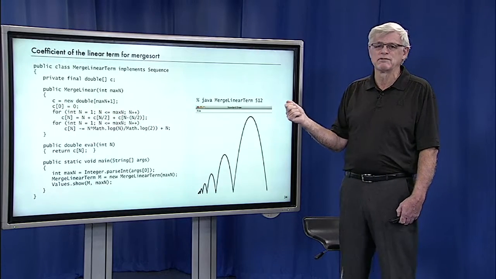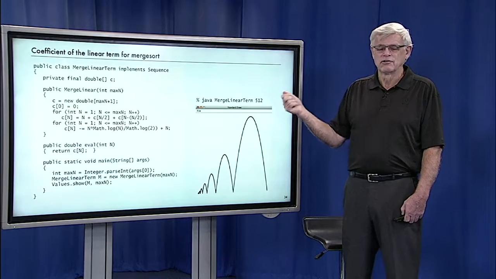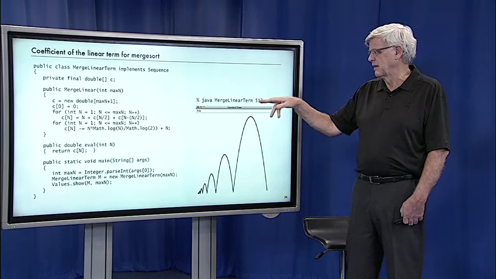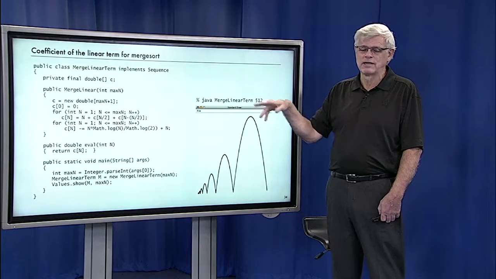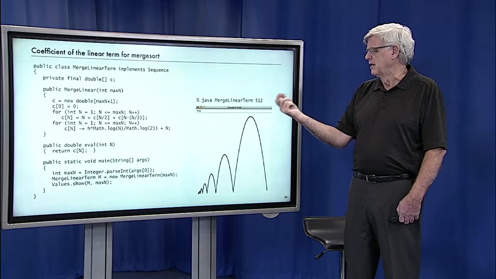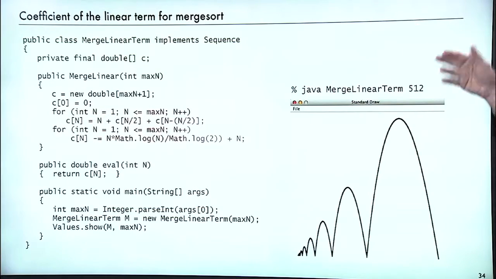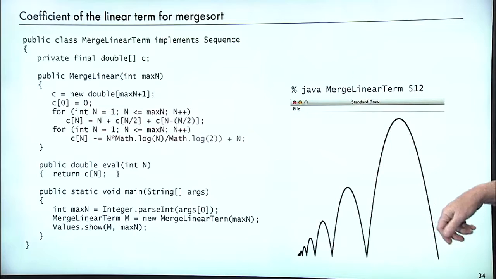It's trying to determine if there's this alpha value. So just subtract off the n log n, which is the leading term, and then it actually adds n to make the scale good. And this is the plot that you get.